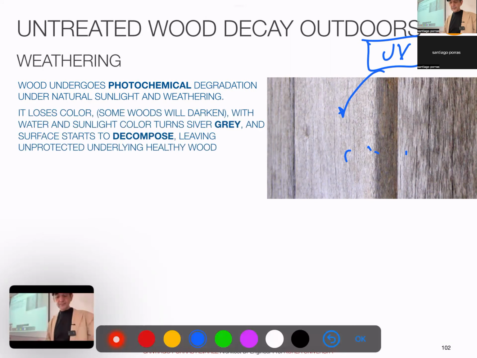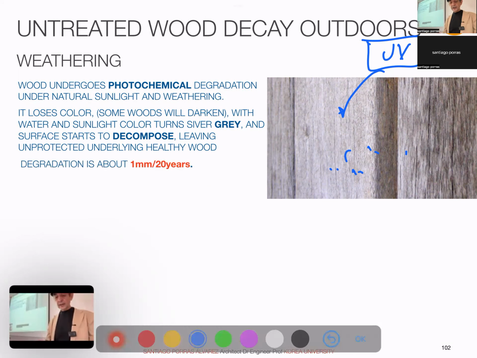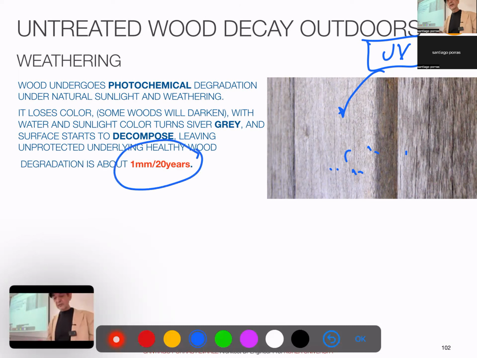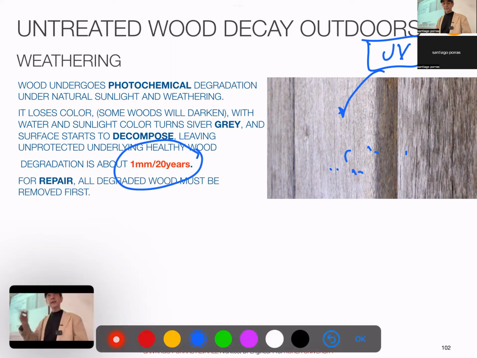Usually this is like a dust. You can actually move it with your hand, but the timber under that is still healthy. It depends on the trees, but we can say 1 millimeter every 20 years. So it's quite slow, right? If you have a nice thickness, you need only to sand it and repair it again.